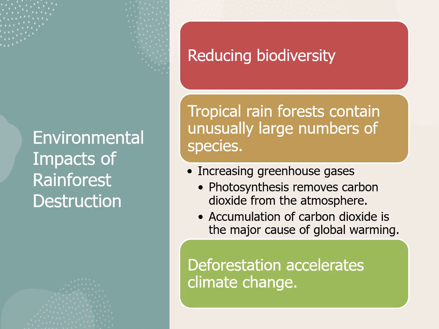The environmental impacts of destroying the rainforest really have not a whole lot of limits. The biggest thing is we're reducing biodiversity. You remove the environment, and the species within that environment don't have a home. It's not like they can just pack up and move to another area. You have now destroyed the place that they live.